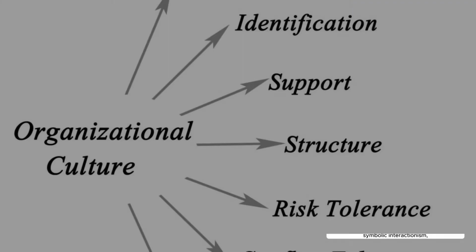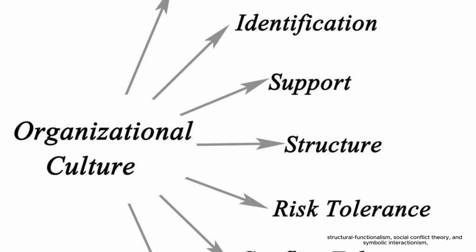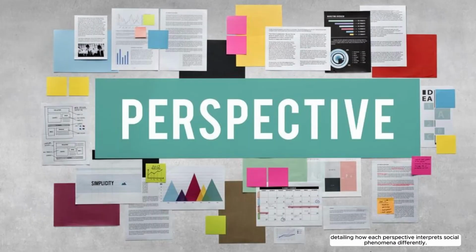Theoretical approaches. This part introduces the main theoretical frameworks in sociology: structural functionalism, social conflict theory, and symbolic interactionism, detailing how each perspective interprets social phenomena differently.